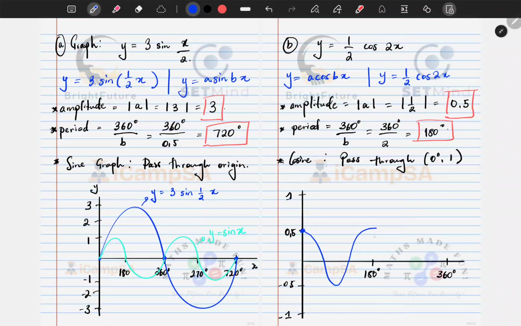And then if it continues, it will continue from here to here. However, it's very important that you know that this is the first one, right? This is the first one. So now instead of it taking 360, it took 180 to complete one cycle, right? Ordinarily, this is the original one.